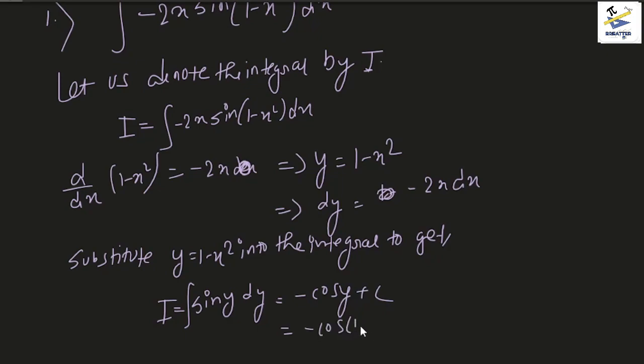We can substitute back the answer, which is minus cosine of 1 minus x square plus c, which is the answer for this integration.